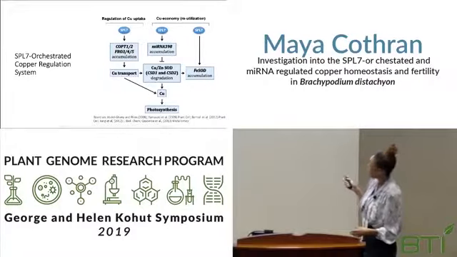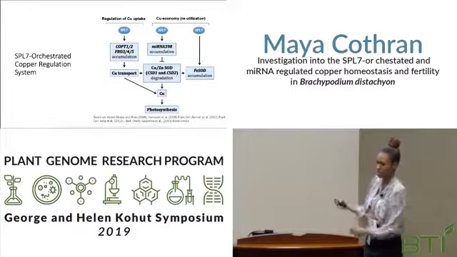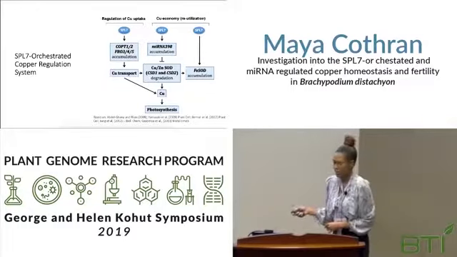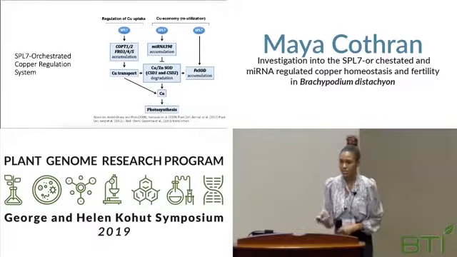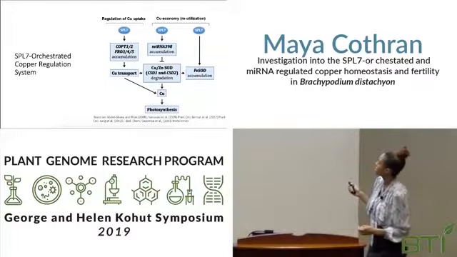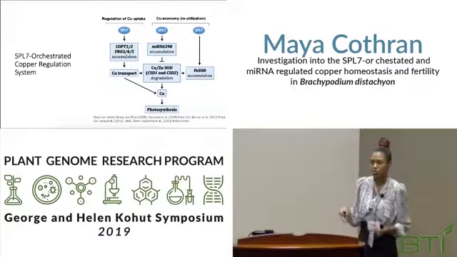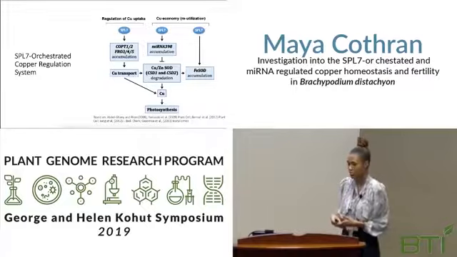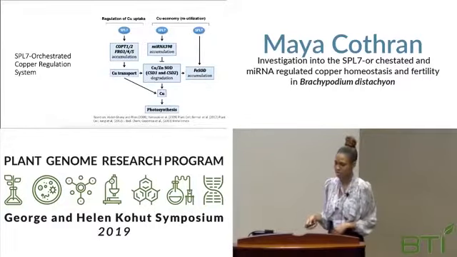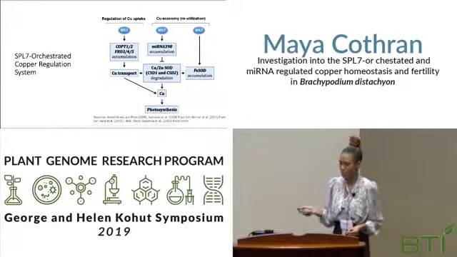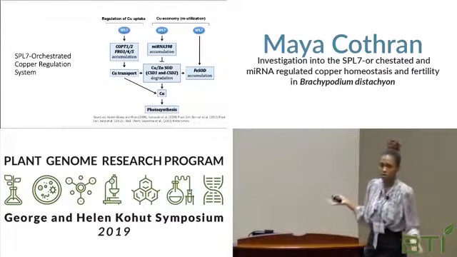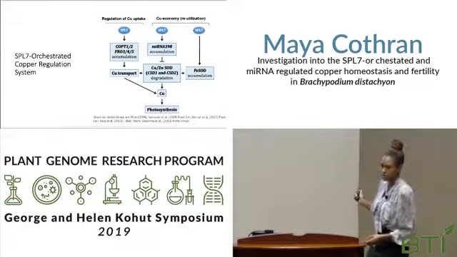So when copper is not available, SPL7 goes into this economy model where it activates the transcription of microRNAs that are going to degrade different proteins and enzymes that utilize copper for less important processes. So it can free that copper to be transported to more important processes such as photosynthesis.